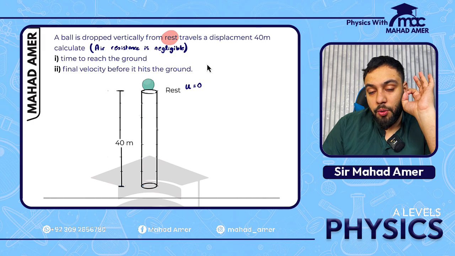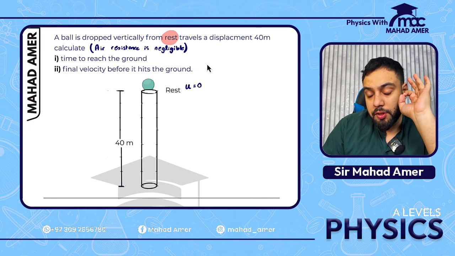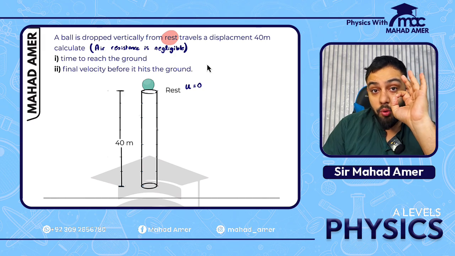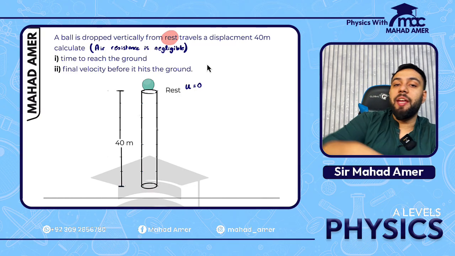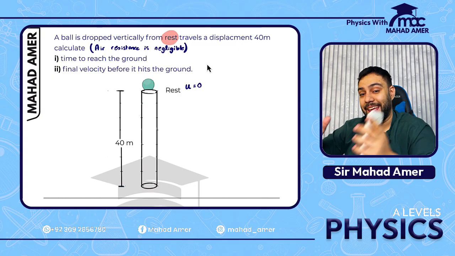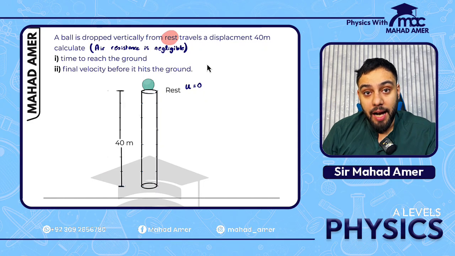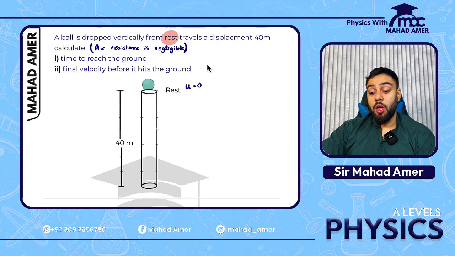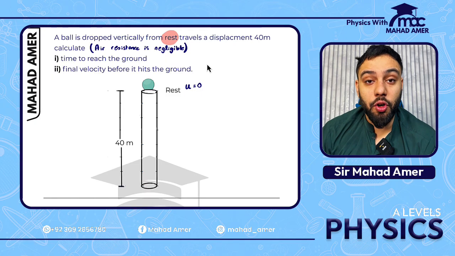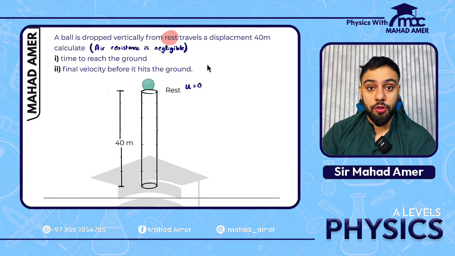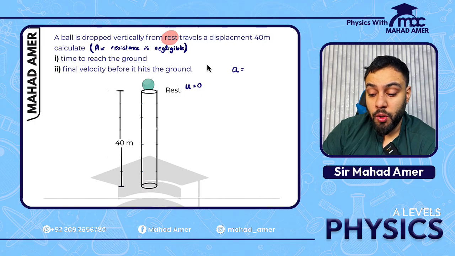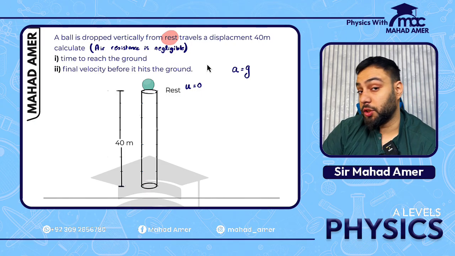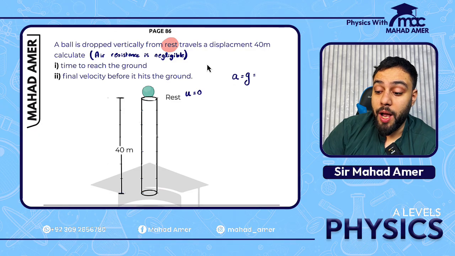Kids, you have to be very, very vigilant, and you have to know that if something is being dropped in air without air resistance, it is your next truth that the object would have acceleration which will be equal to the acceleration of gravity, which value is going to be 9.81.